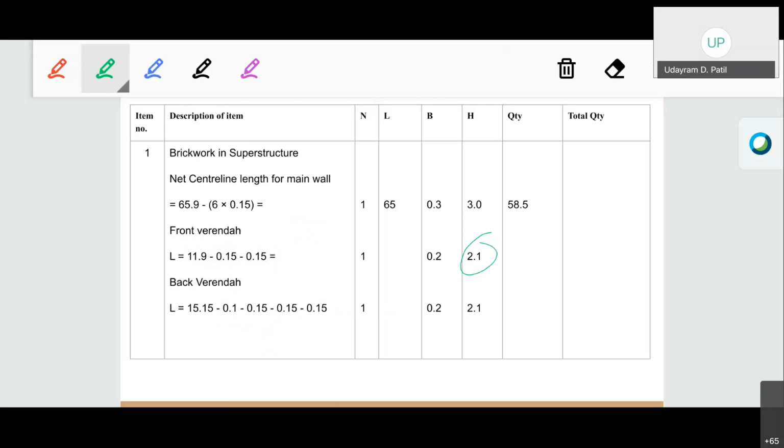The height of the secondary wall is 2.1 and the width is 0.2 meter.